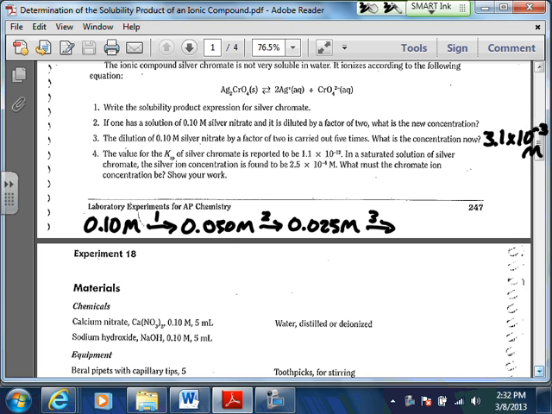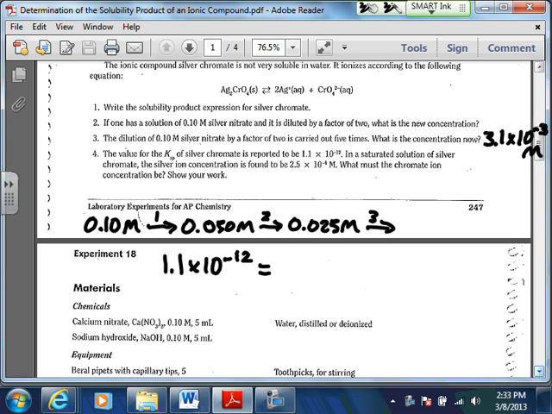We're just going to have to set up the equation here. The equation's already written up here, so we write our Ksp expression for this. It's going to be 1.1 times 10 to the negative 12th, I forgot that number again already, it's really hard to read on this thing for some reason, is equal to our Ag plus concentration, which we know is 2.5 times 10 to the negative 4th.